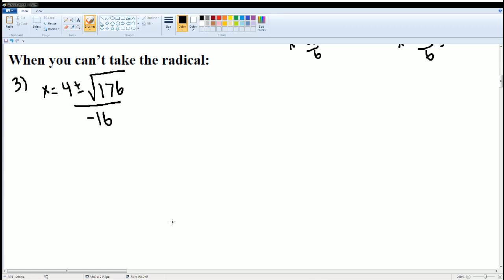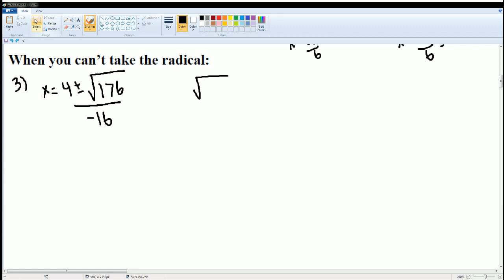What you can do here is, first of all, you're going to get lucky, the square root of 176 does become... well, it doesn't become 41. 176 can be broken down.